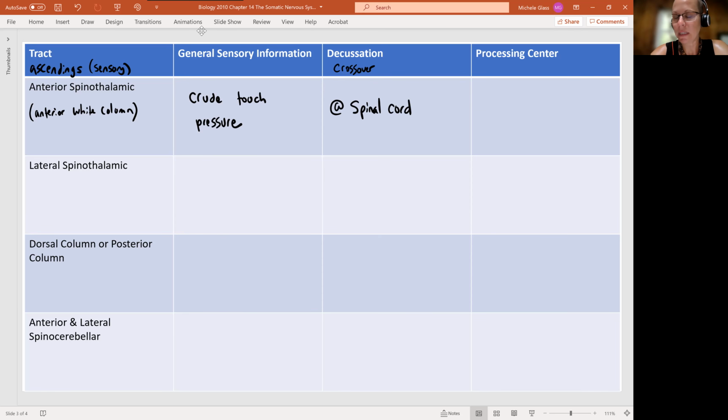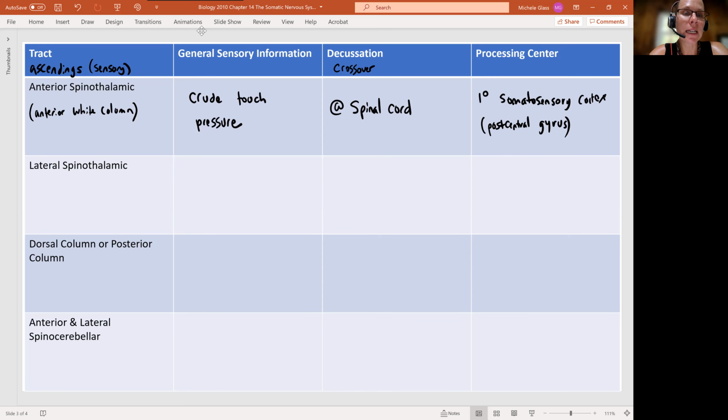And then we're going to see that the processing center is going to be the primary somatosensory cortex, which, remember, anatomically speaking, we can talk about this as the post-central gyrus, which, remember, is located as part of the parietal lobe. Now I'm using here my 1 degree as my shorthand abbreviation for primary.